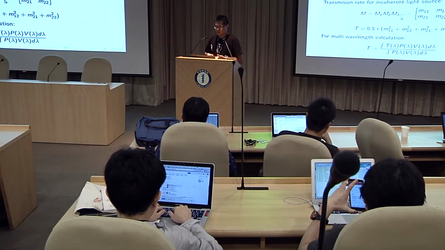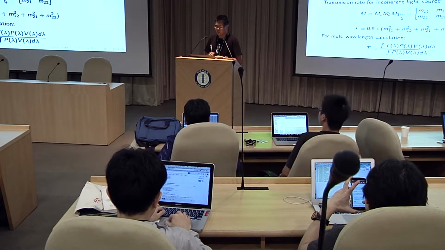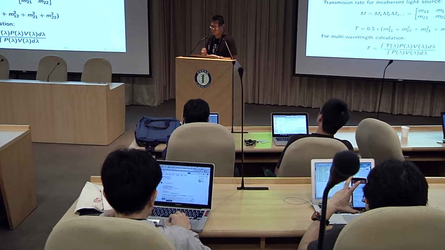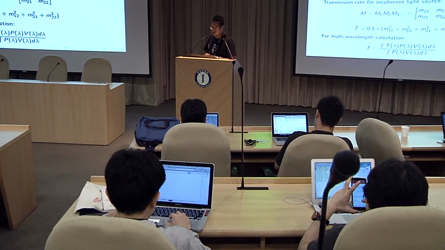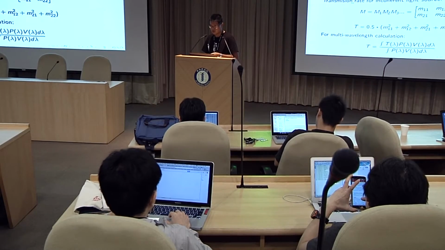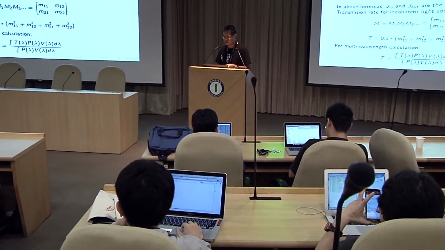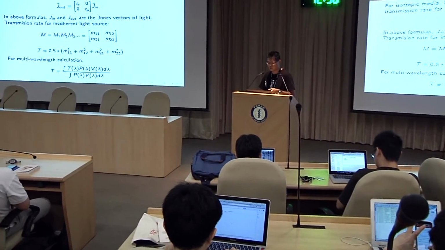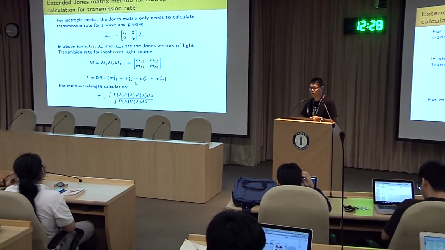The reason to use this is because the LCD manufacturers use an incoherent light source, and in this 2x2 method, it is easy to get the transmission rate because it can be reduced to this form.